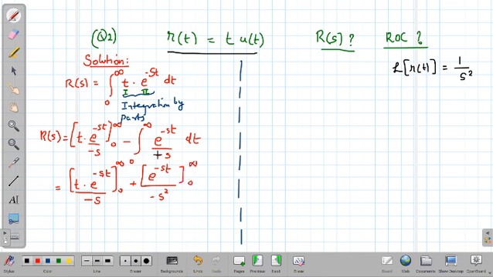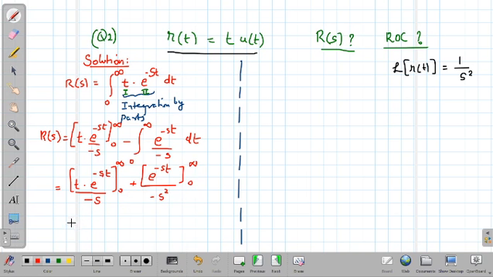Remember, we have taken this minus outside, so this becomes plus, and after integration it got one more minus, because the integration of e^(-st) is e^(-st) divided by minus s.